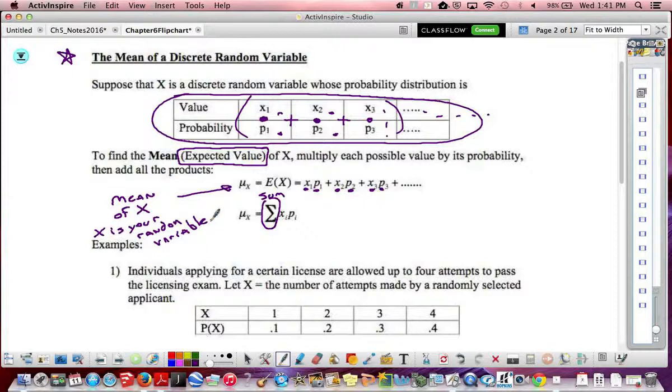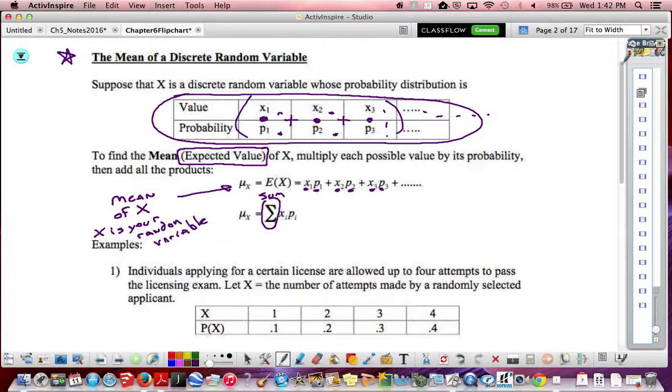This is what your average outcome would be for one try, whether it's one try or one person or one whatever the random variable is representing. If you're to do whatever you're doing and pick one random variable, this would be its average. A very useful piece of information to know.